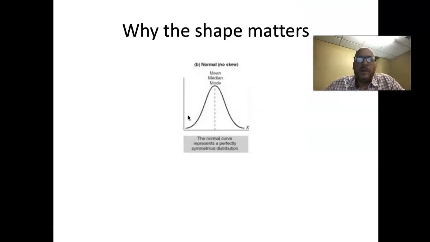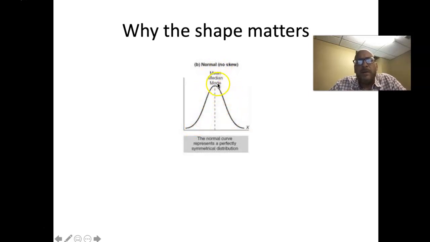Well, the shape matters, and the shape matters because the measure of central tendency that you choose as a statistician is going to depend on the shape. If you look at this, look at how a perfectly normal curve has three measures of central tendency that are all the same.